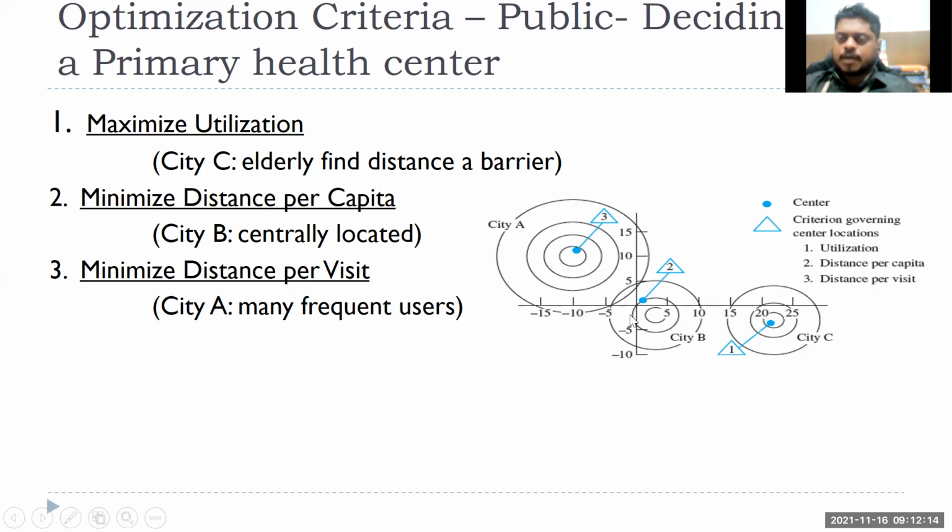For this 1 lakh population, distance will be less, right? For this 50,000, what is the distance to travel if I put a primary healthcare center here? What is the average distance from city C? I have to calculate that distance. Same thing if I put it in city B, if I put it in city C, right? Depending upon the utilization rate, what will be the average distance people will travel if I put a primary healthcare center in city C, right?